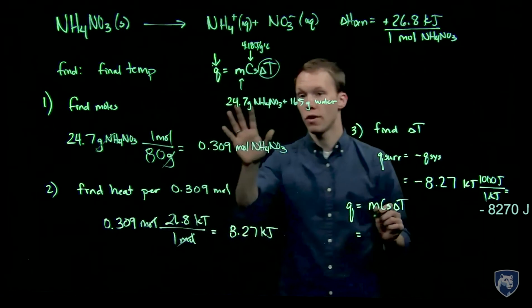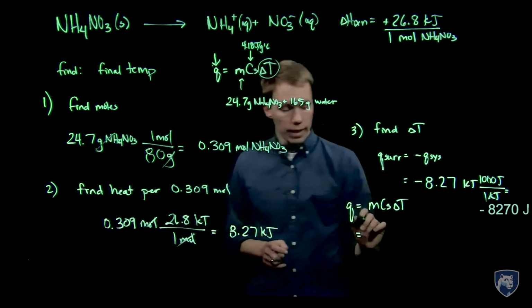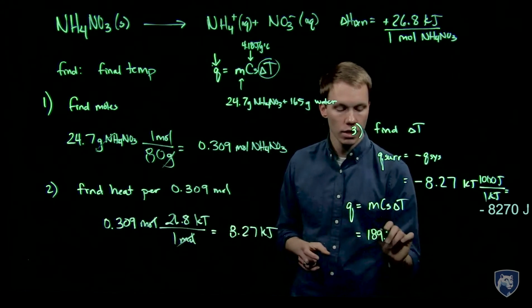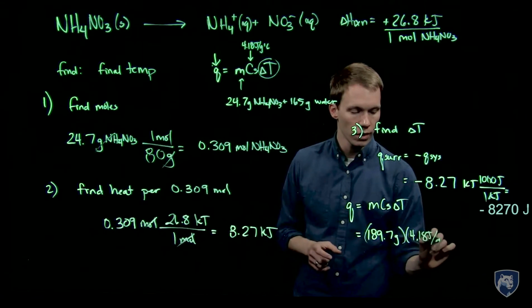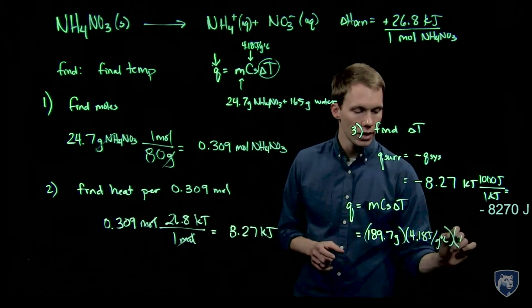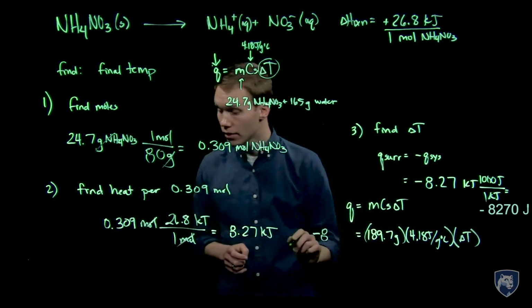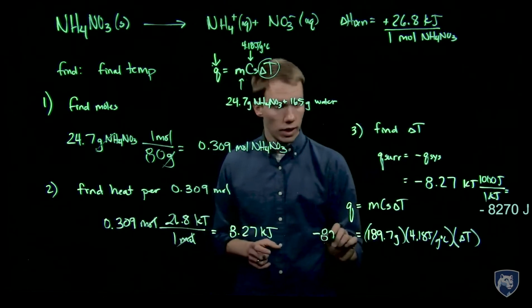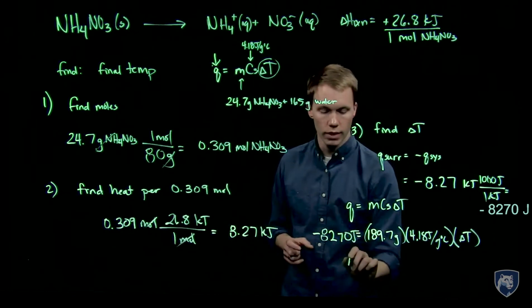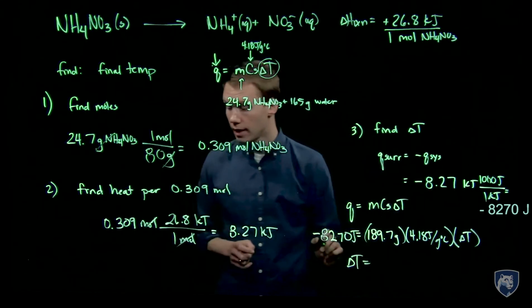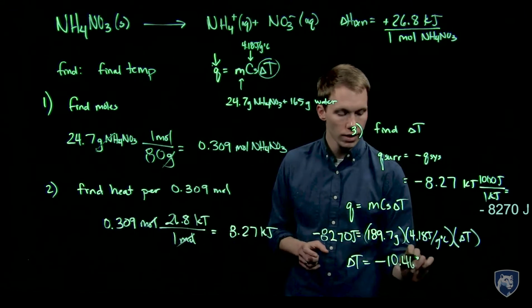So the sum total of my masses is 189.7 grams. The Cs is 4.18 joules per gram degree Celsius, and delta T is my unknown. I plug in minus 8,270 joules here, and we solve for delta T, which is negative 10.46 degrees Celsius.